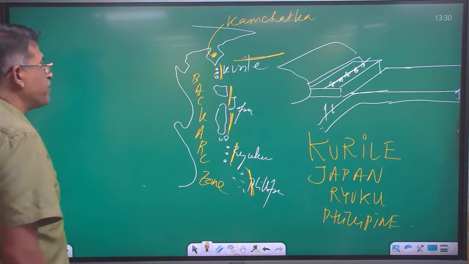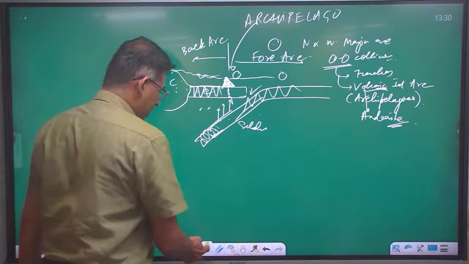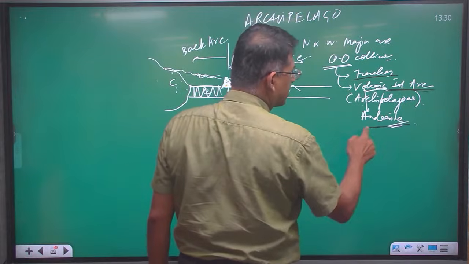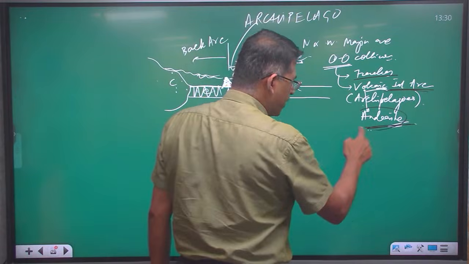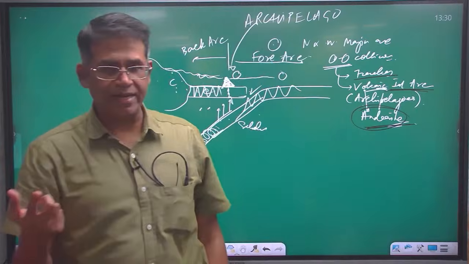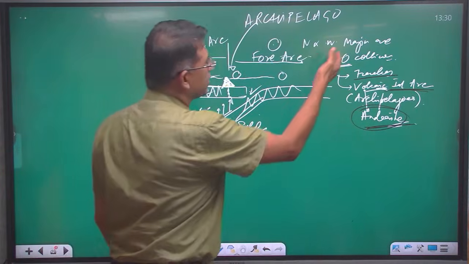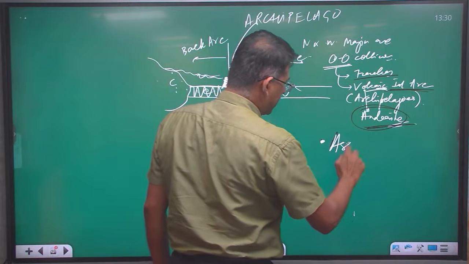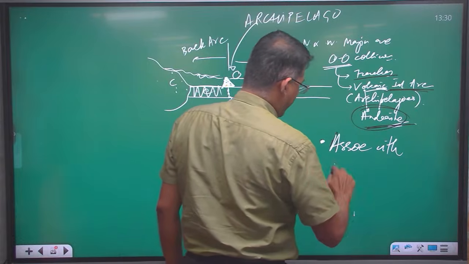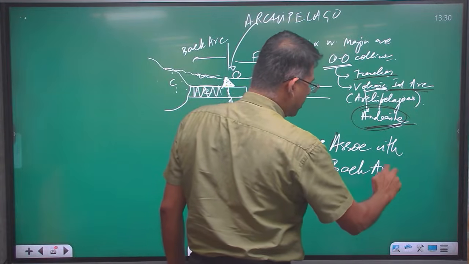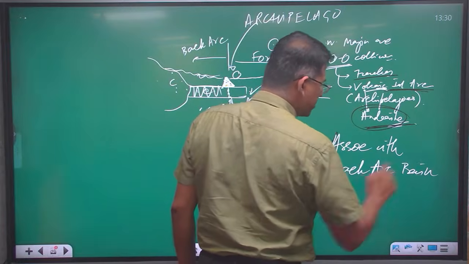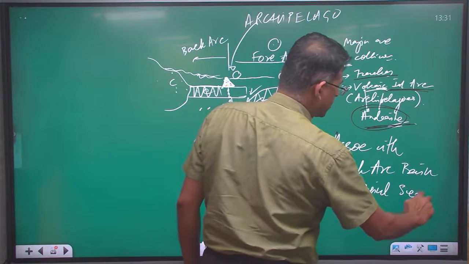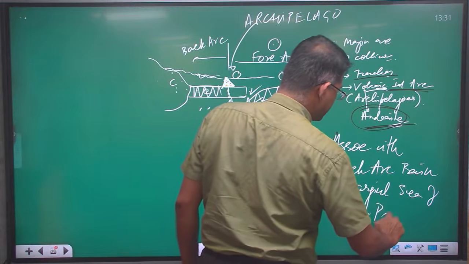So I was discussing, there are trenches, there are island arcs called as archipelagos. और ये important है. These islands are andesite in nature. And these margins are associated with back arc basins, which become the marginal seas of West Pacific.